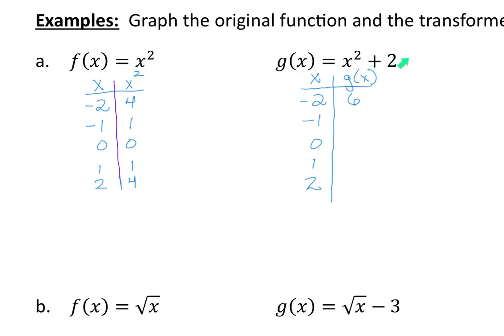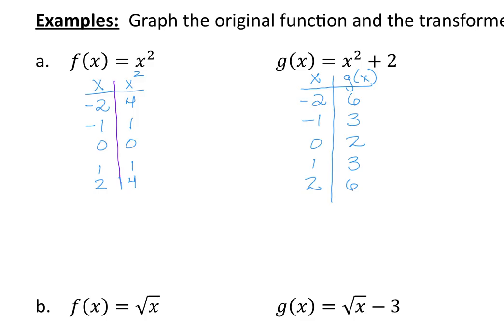We add 2 onto that, and we get 3. All right, if we plug in 0, 0 squared is 0 plus 2 is 2. If we plug in 1, 1 squared is 1 plus 2 is 3. And finally, if we plug in 2, 2 squared is 4 plus 2 is 6.